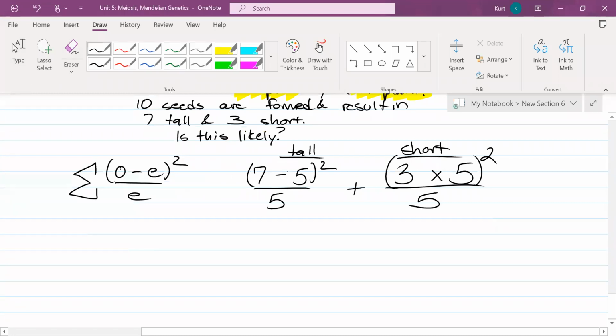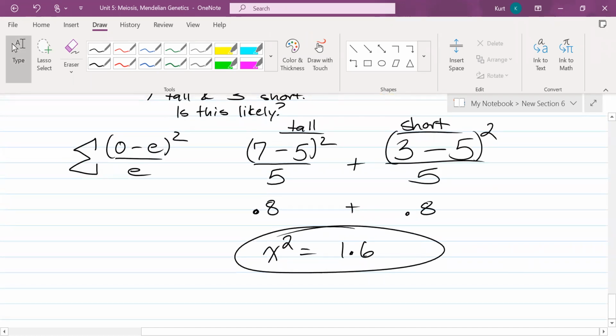Excuse me, it's minus. 7 minus 5 is 2 squared equals 4. Divided by 5 is 0.8. And then we have 3 minus 5 is -2. -2 squared is 4. 4 divided by 5 is 0.8. So my chi-squared value is 1.6. That's my chi-squared.